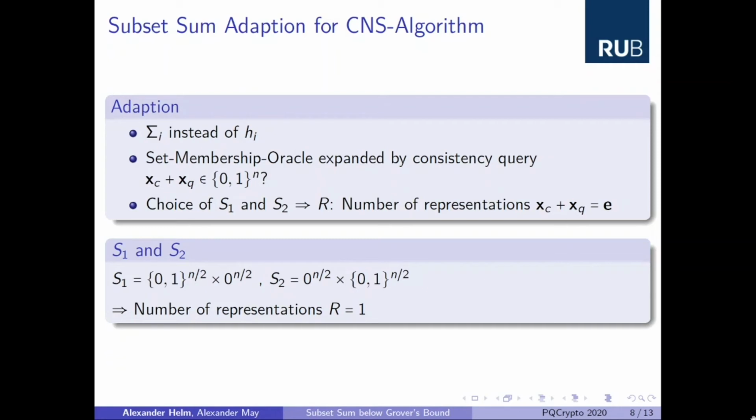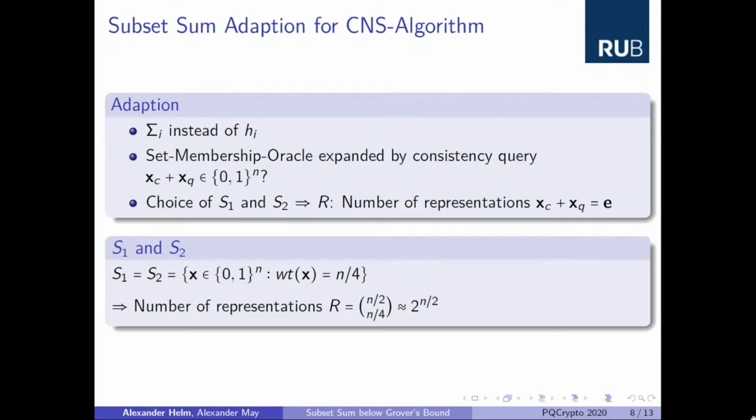And now we want to increase the number of consistent collisions. So we choose S1 and S2 equal to the set of n bit strings with Hamming weight n over 4. For every xc where the n-fourth 1 entries are in a position where the solution E has its n-half 1 entries, there exists a suitable counterpart xq.